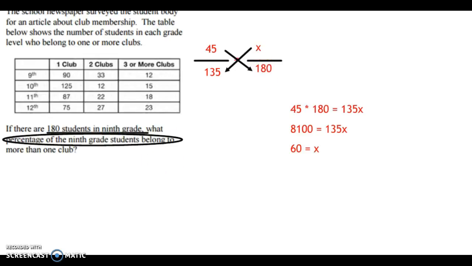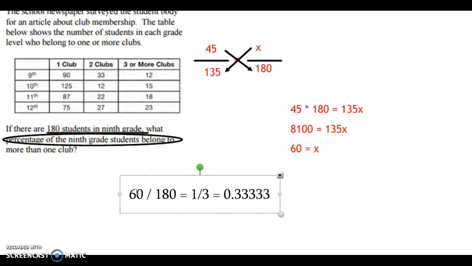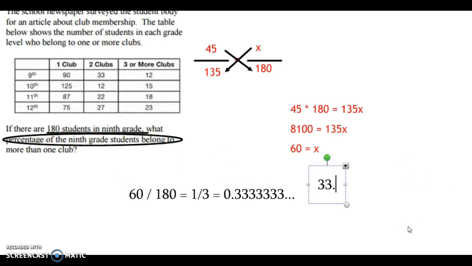So if I want to change this into a percentage, I'm going to do 60 divided by 180, and that's equal to 1/3, which is 1 divided by 3. And if you get it on the calculator, it's 0.3 repeating. If I'm looking for a percentage, I got 33.3 repeating percent.